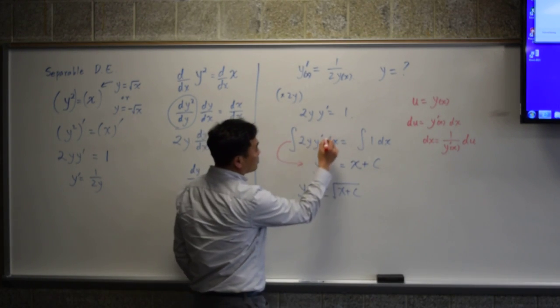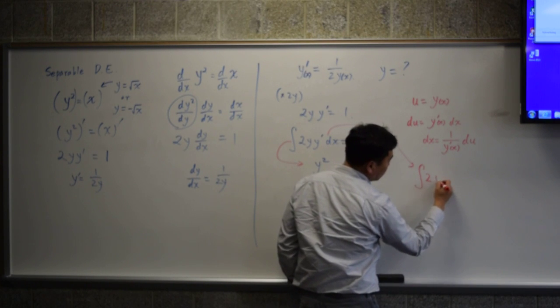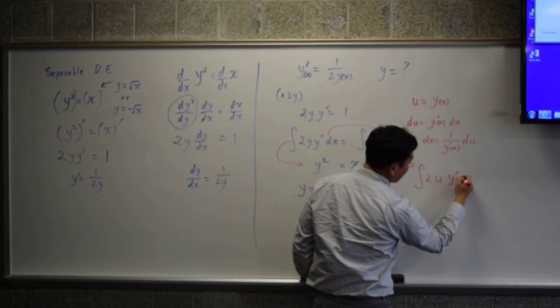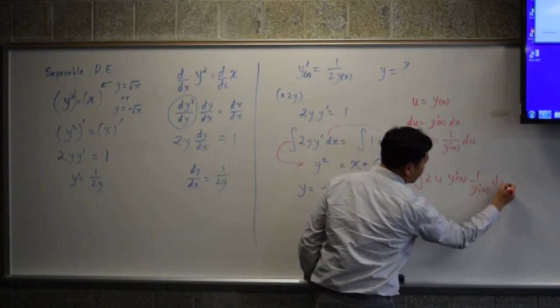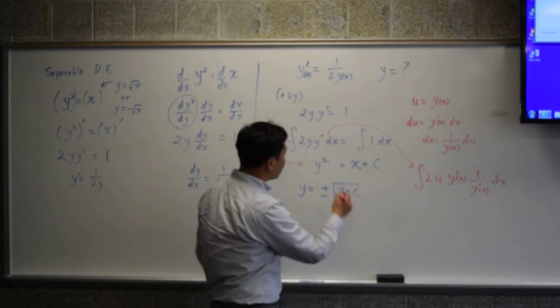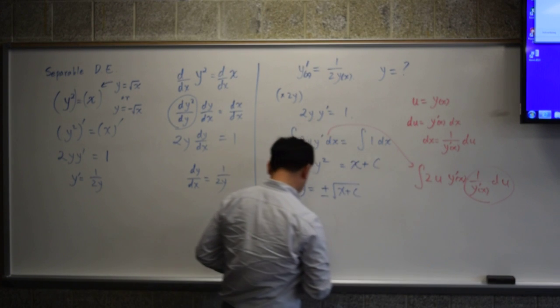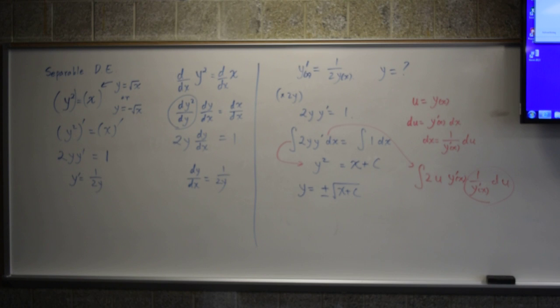Then you replace this integral with the integral of 2u times y prime of x times 1 over y prime of x, sorry, du.